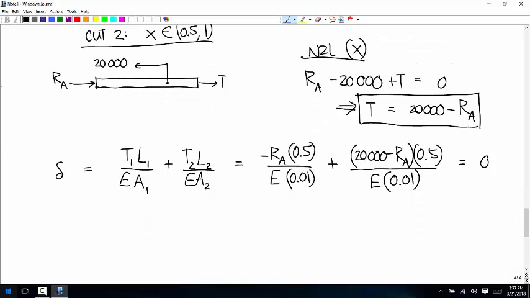And so we get a bunch of cancellations. Multiply everything by 2, those go away. Multiply everything by E and 0.01, those go away. And you get the expression 20,000 minus 2RA is equal to 0. So RA is equal to 10,000.